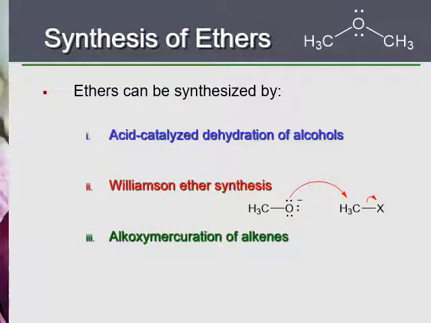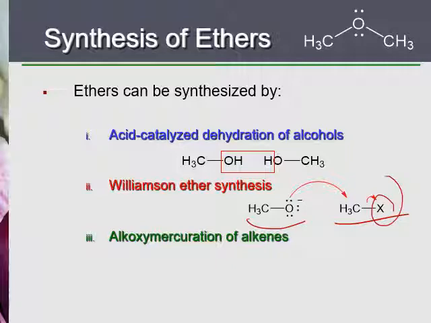In this section, we study 3 methods to synthesize ethers. The first method is acid-catalyzed dehydration of alcohols. Two alcohols lose a water molecule and form an ether. In the second method, called Williamson ether synthesis, an alkoxide reacts with an alkyl halide.